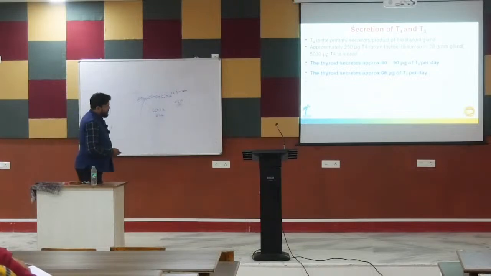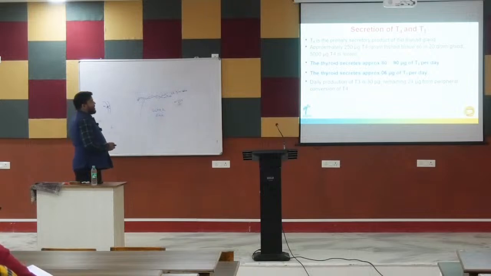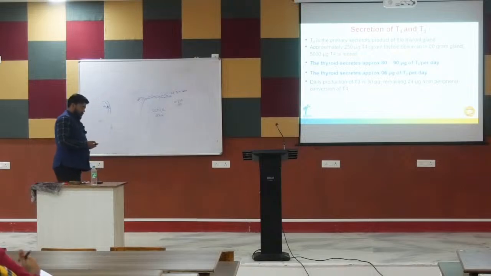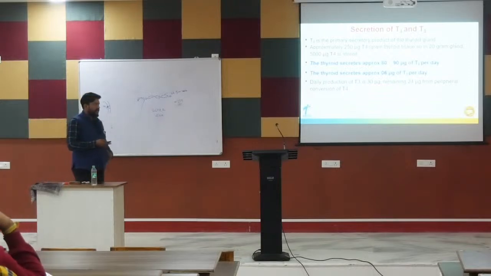Good. So the daily production of T3 is 30 microgram, of which 24 microgram is from peripheral conversion of T4. So T4 is converted into T3 in the peripheral tissue. With the help of which enzyme?